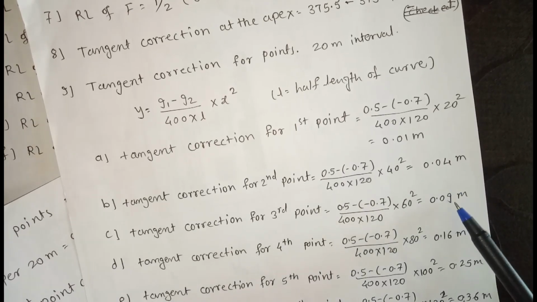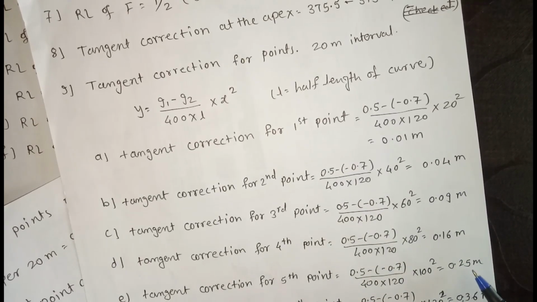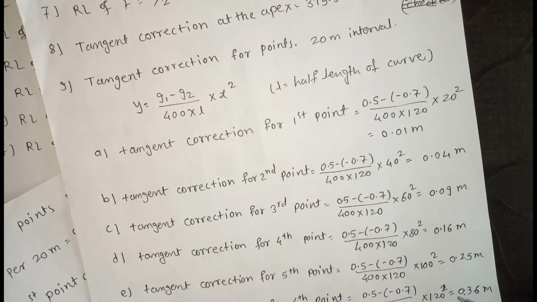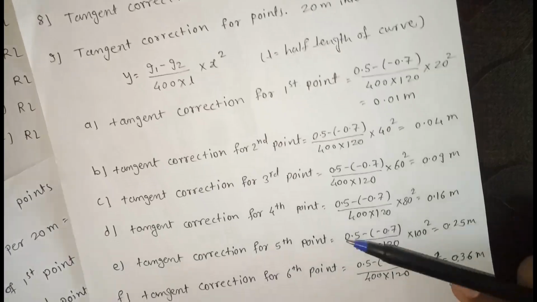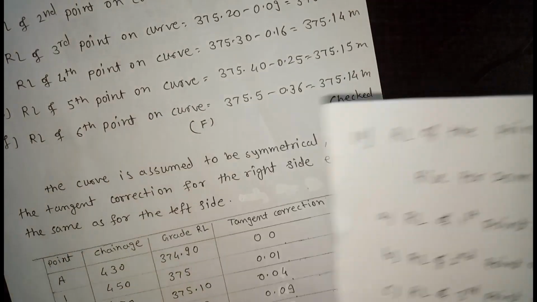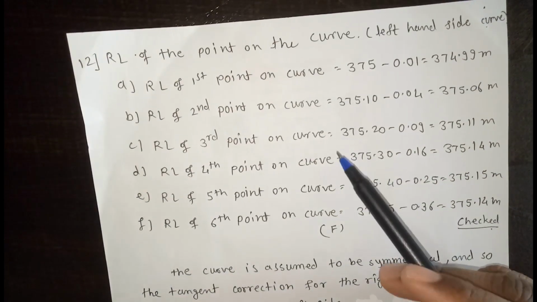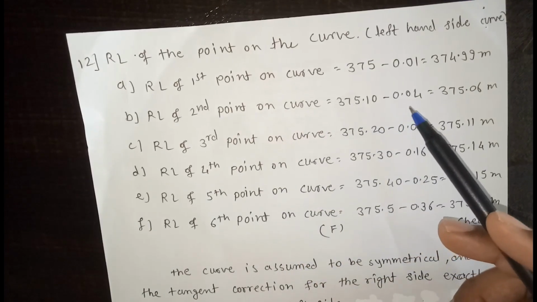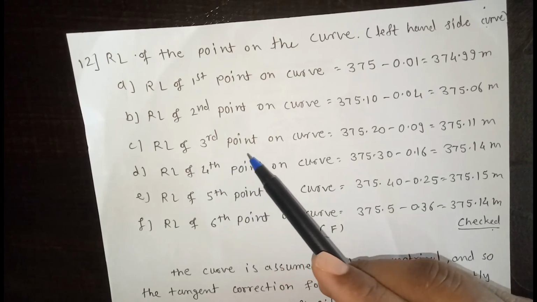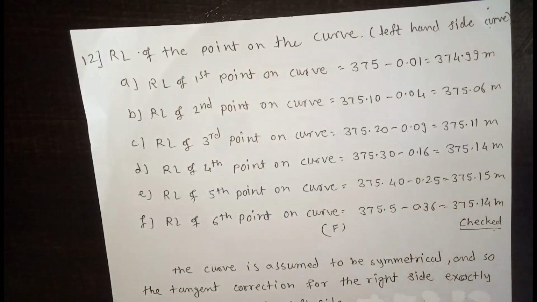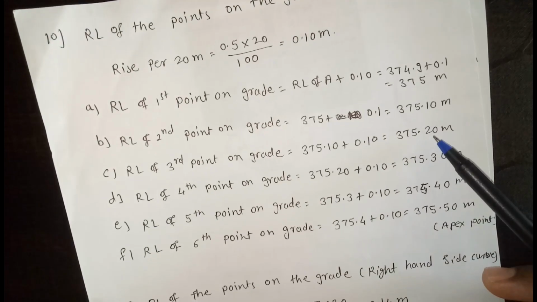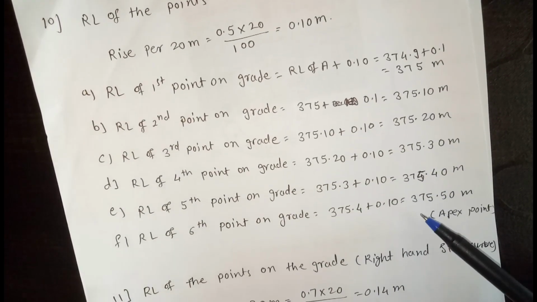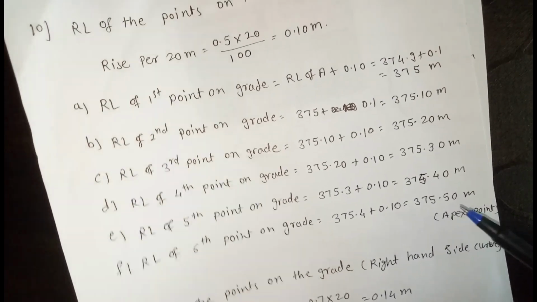The third point is 0.09, then 0.16, 0.25, 0.36. These are the tangent corrections which we have to apply on these points. So RL of the second point on the curve is 375.10 minus 0.04. The third point on the grade is 375.20, then 375.30, 375.40, and the last one is 375.50.